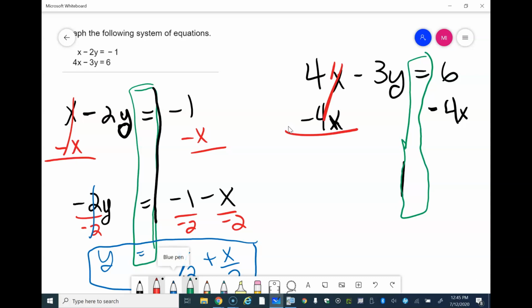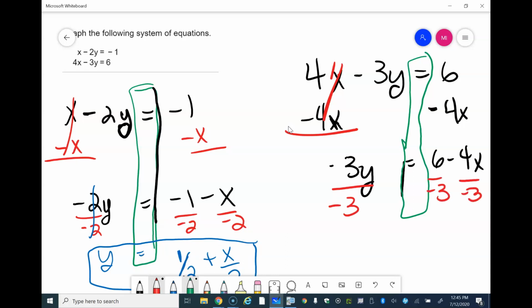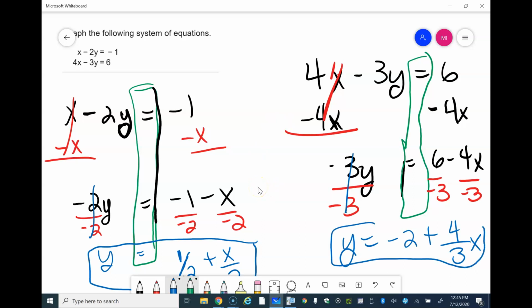We're going to drop down our new equation: -3y is equal to 6 minus 4x. We're going to divide by -3 for each one of them. Then our final equation is going to be y equals, because these cancel, 6 divided by -3, which is -2. And these two negatives make a positive, and we have 4 over 3 x. So this is going to be my other equation.